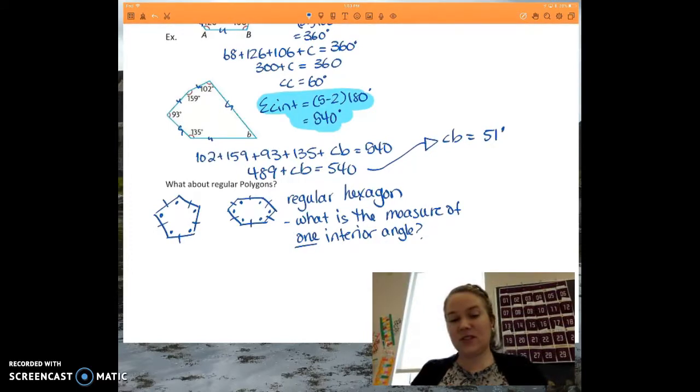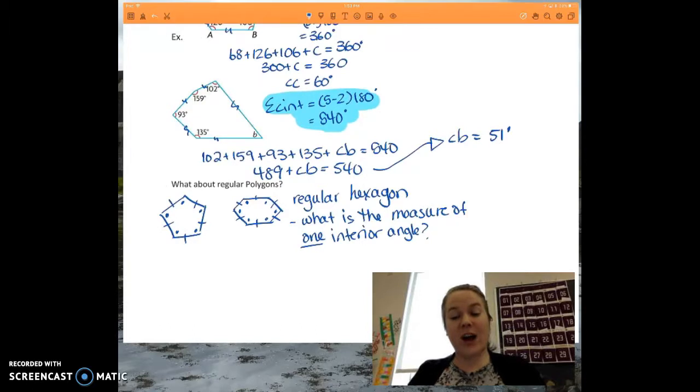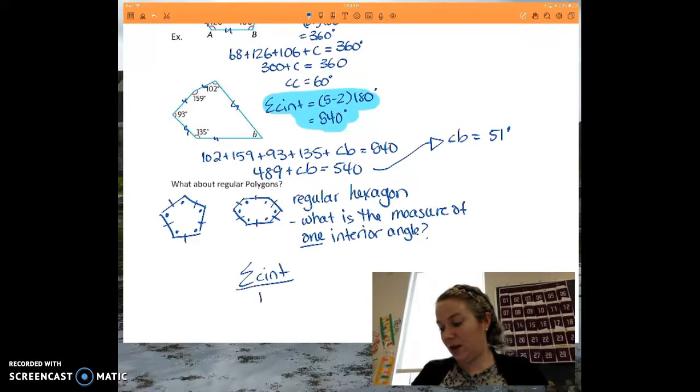Then all you have to do is find the sum of interior angles for any hexagon, and then remember that every angle is the same. So just divide by the number of angles, and you get the sum of interior angles divided by n, because the number of sides and the number of angles are the same.